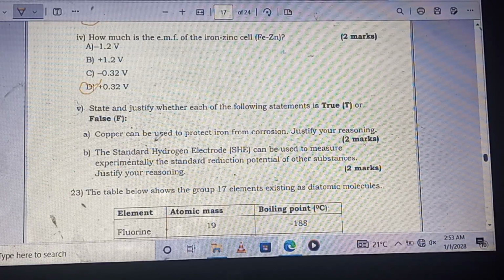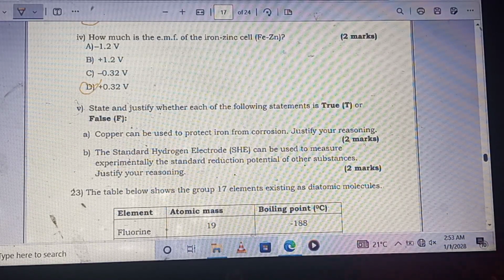A, copper can be used to protect iron from corrosion. Justify your reason. The correct answer is false because copper cannot protect iron. Iron oxidizes fast, and corrosion continues.